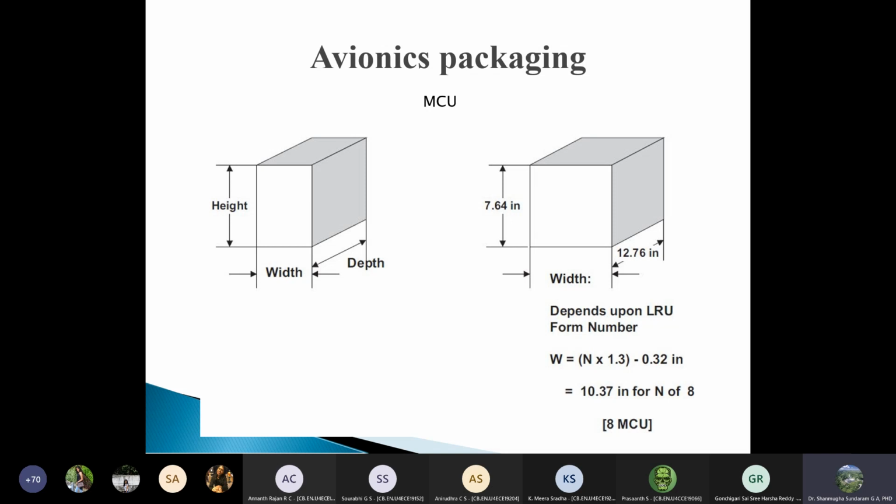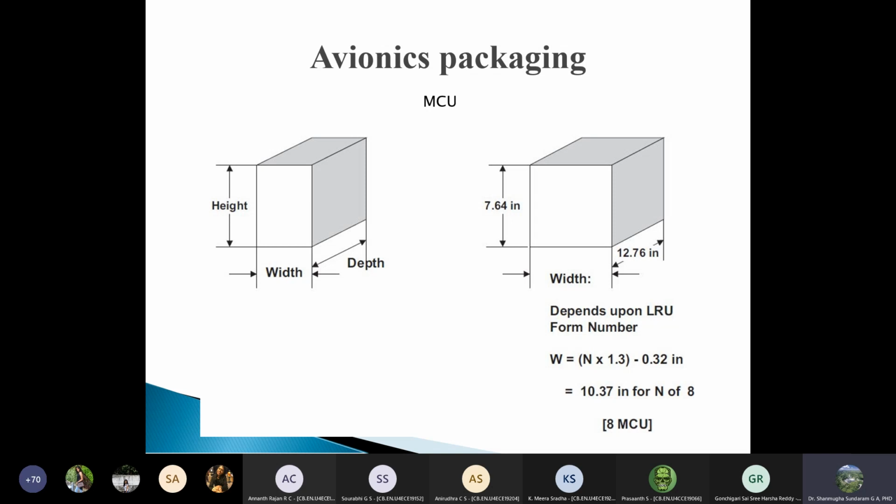All right, so as an extension of the concept of the air transport radio, the modular concept unit, MCU, is going to be an extension to the ATR, whose dimensions are principally 1/2 or 1.5 ATR.